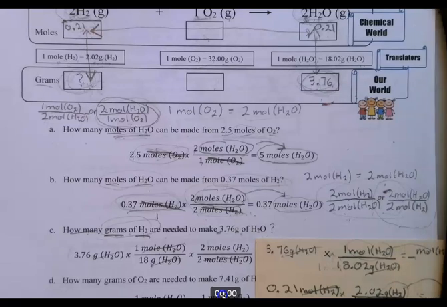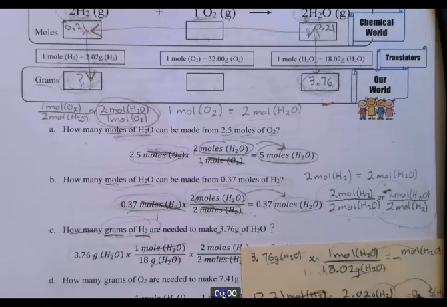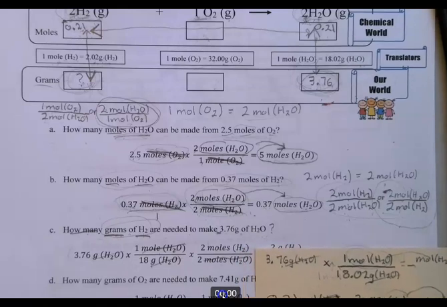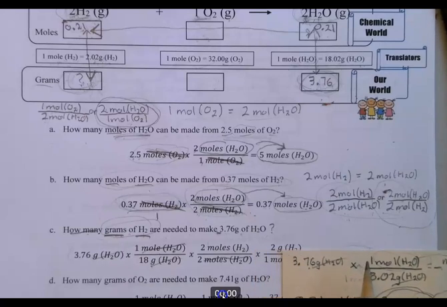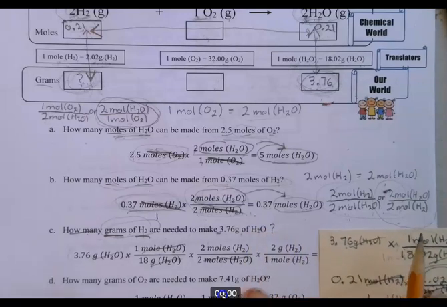And if I multiply those numbers, I get 0.42 grams of H2. Okay, but what I did was, rather than again work this as a separate equation, I took this conversion right here and I put it in this equation right there.